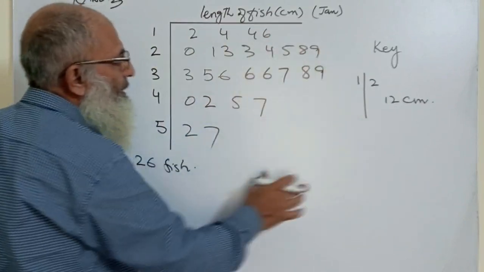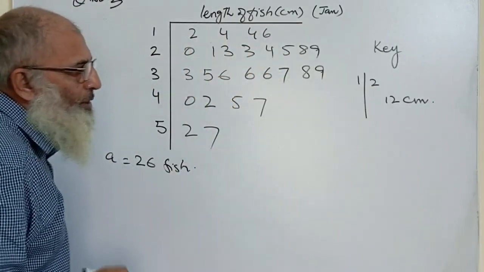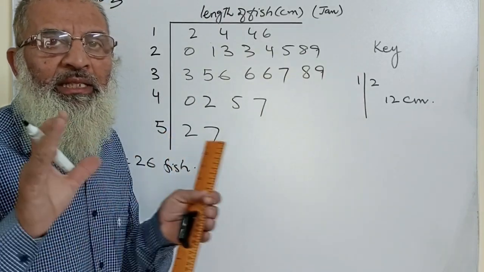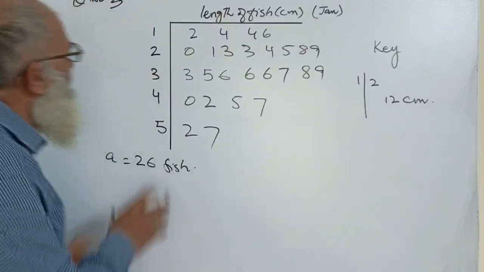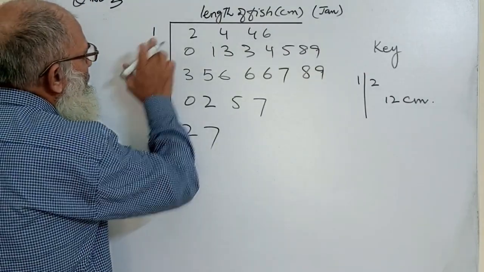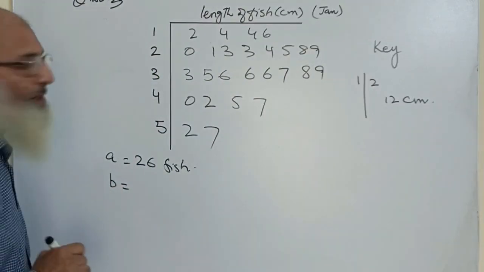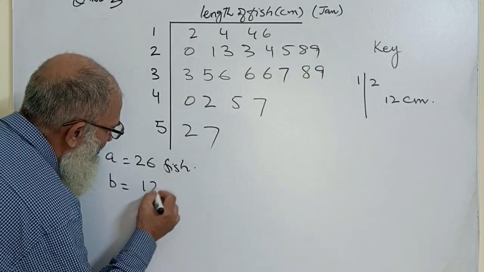This means 12 centimeters, this means 14 centimeters. The original primary data is right in front of you. The shortest length, asked in question B, is 12 centimeters.